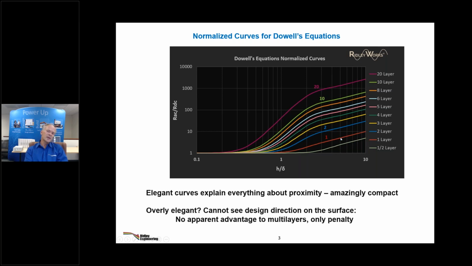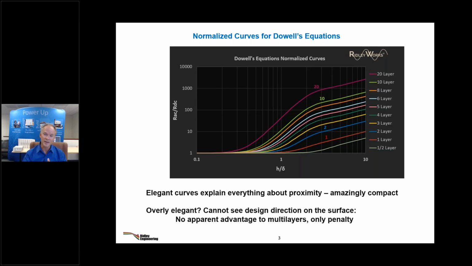Perhaps when you look at the curves for the first time, they're overly elegant in that you can't see the design direction when you first look at them. Because when you first look at these curves, the conclusion you'll come up with right away is that, okay, if I use more layers, things are going to get worse. And there's no benefit if I use multiple layers. And that's because the normalization is with respect to the DC resistance.